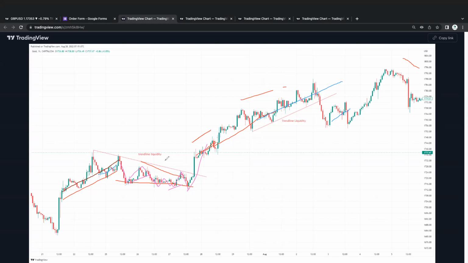Everyone selling here puts the stop loss just above it. And then the same thing happened here. Hope. Same thing here, and the market does the opposite. Same thing here. These are all trend line liquidity.